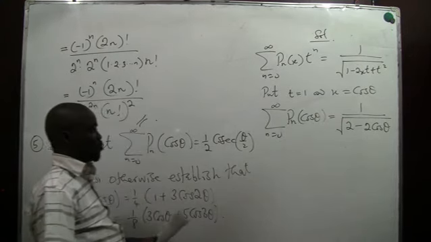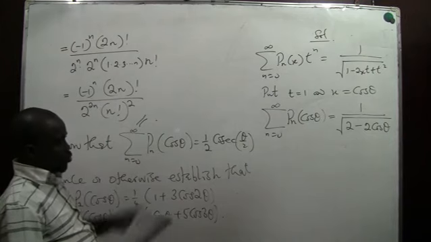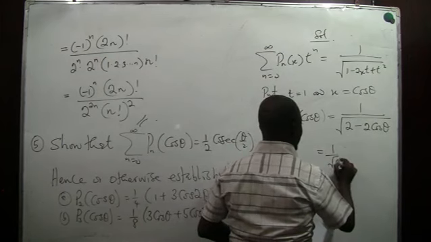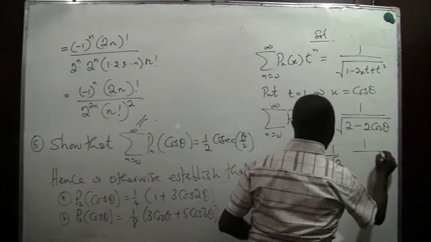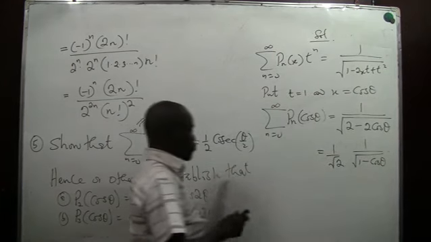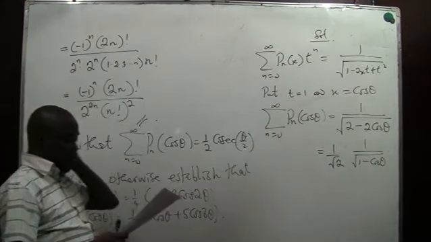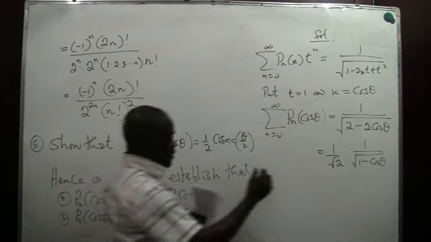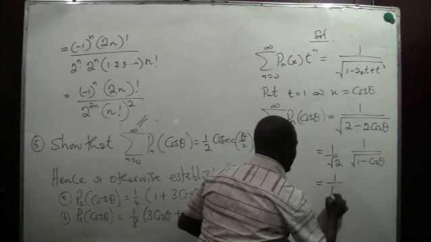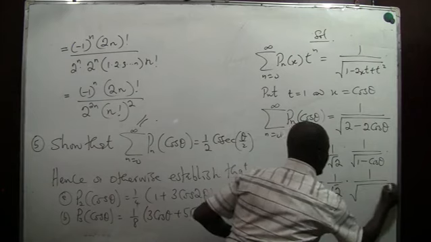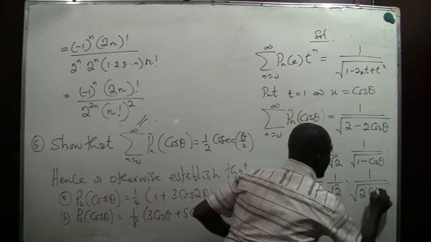That's what we have. Now, looking at that, we observe that 1 divided by square root of 2 is common, and we have 1 divided by square root of 1 minus cos theta. From the knowledge of our half angle, we can write this as 1 divided by square root of 2 multiplied by 1 divided by square root of 2 sine square theta over 2.